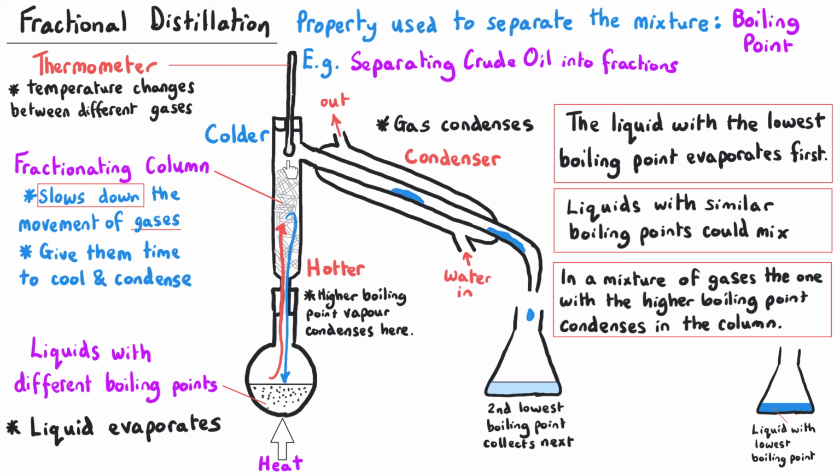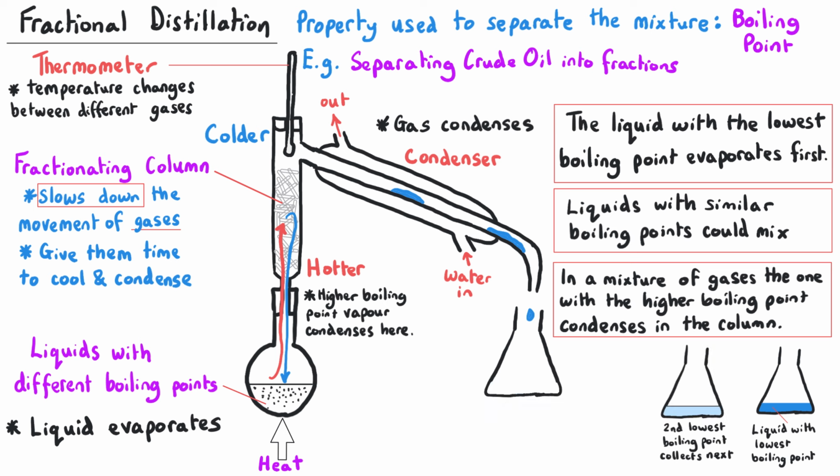And when the reading on the thermometer changes again, you can swap it out again and again until all of the components in the mixture have collected in their own conical flask. And so we've been able to separate 3 or 4 different liquids, and we've done it even though these liquids might have really similar boiling points. And this technique is useful in all sorts of industries, particularly in crude oil, separating the different parts of crude oil into different fractions.